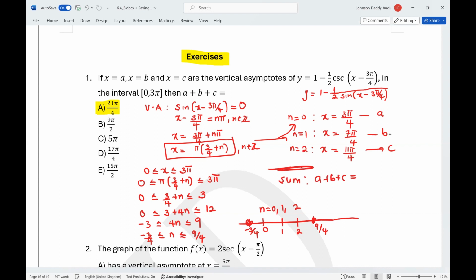What is A? So we have 3 pi over 4 plus 7 pi over 4 plus 11 pi over 4. And this is clearly 21 pi over 4.